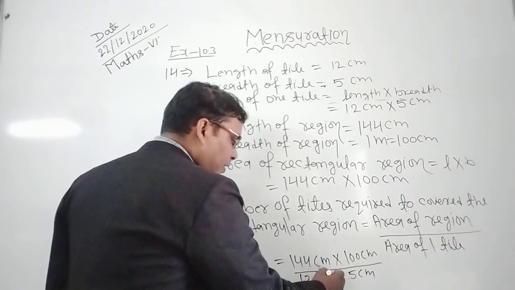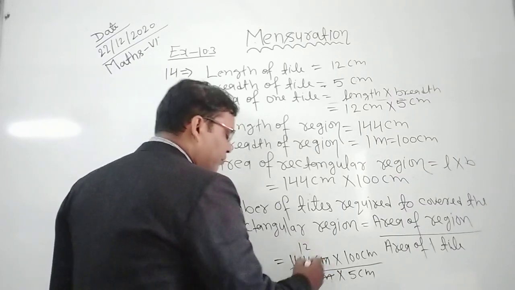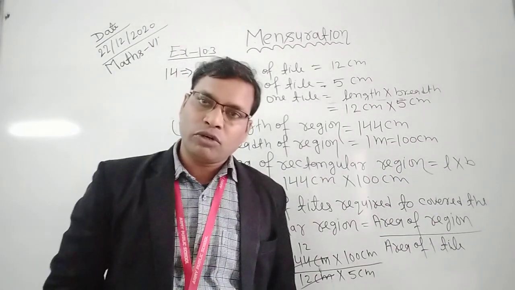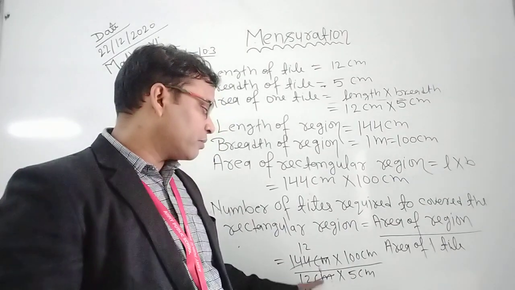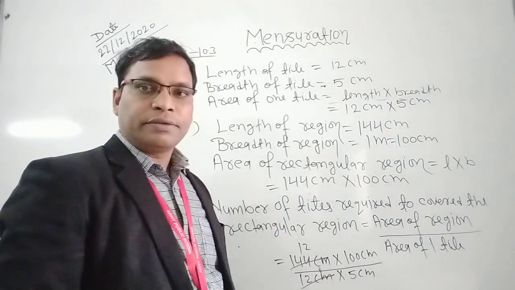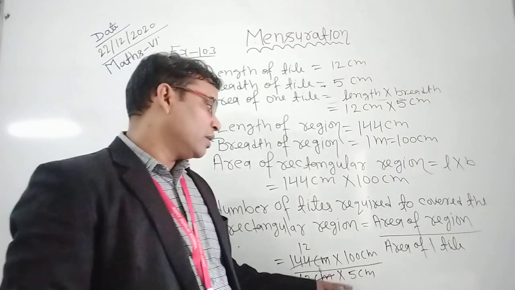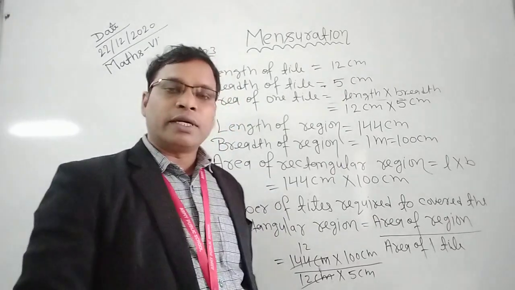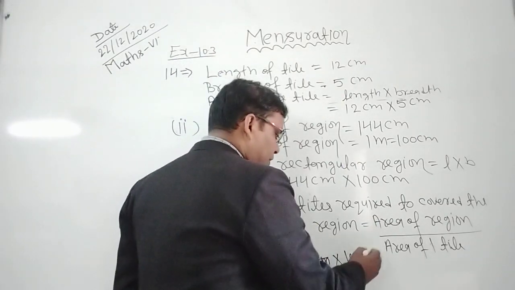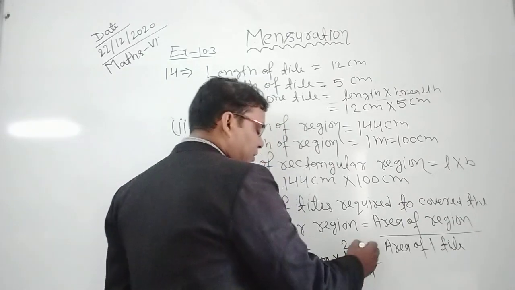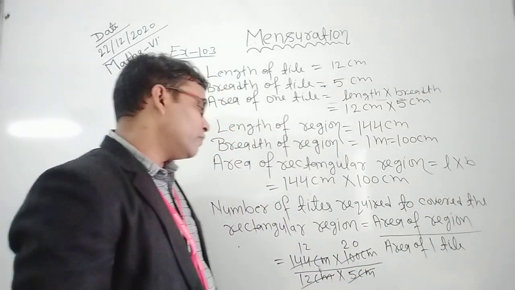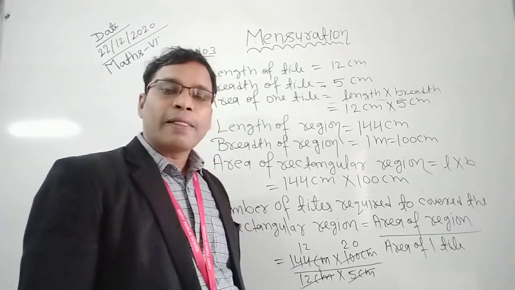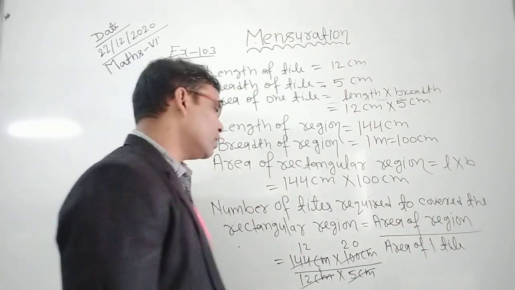If you cancel them, if you divide 144 by 12, then you get 12, because 12 into 12 becomes 144, centimeter cancelled by centimeter. This is clear. Now here centimeter cancelled by centimeter, and if you divide 100 by 5, then you get 20. You divide 100 by 5, then you get 20, and here you divide 144 by 12, then we get 12.